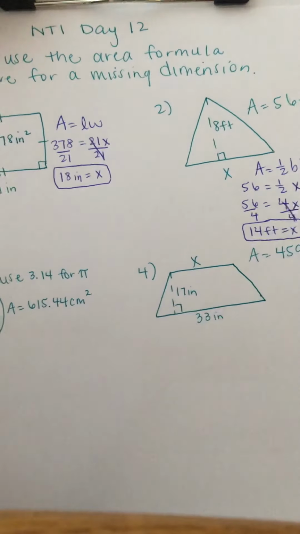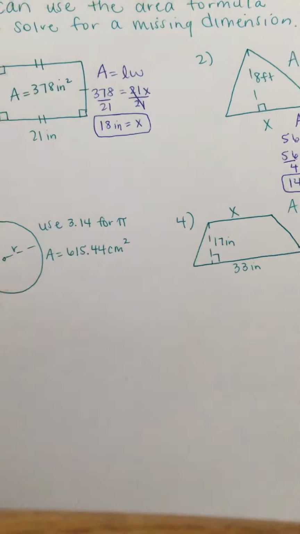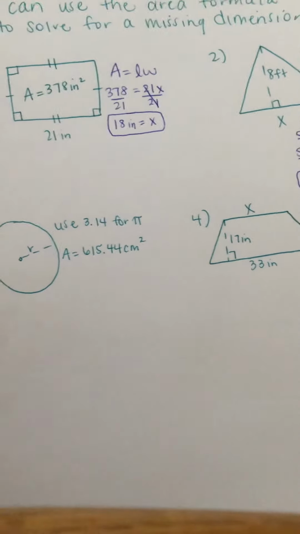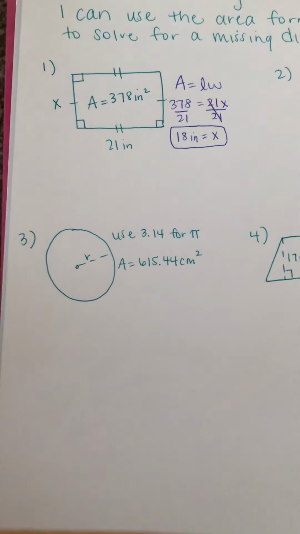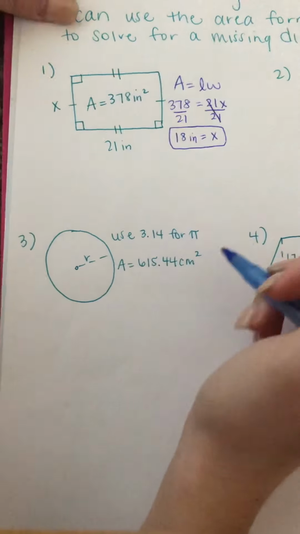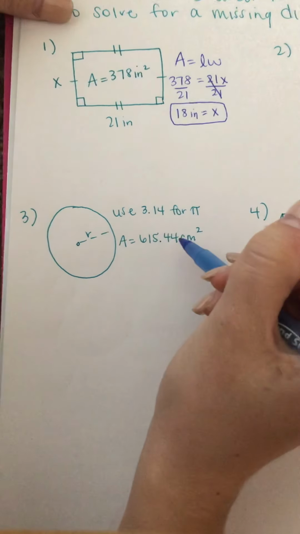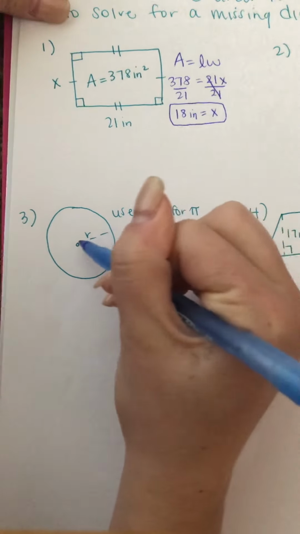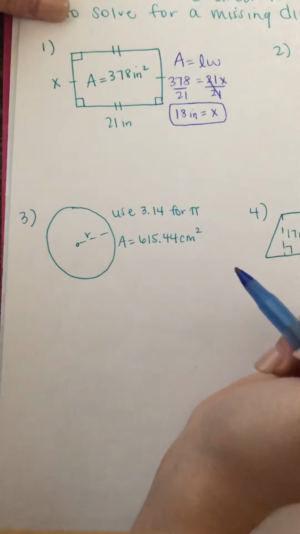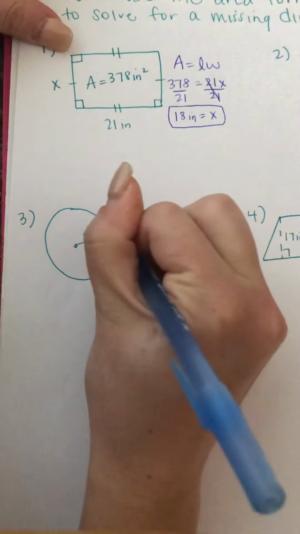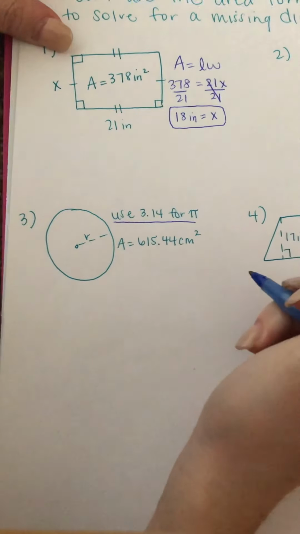Now on to number 3. Number 3 is a circle. Again, we're being given the area, and we're asked to solve for the radius. We're asked to solve for R here. Notice, use 3.14 for pi.